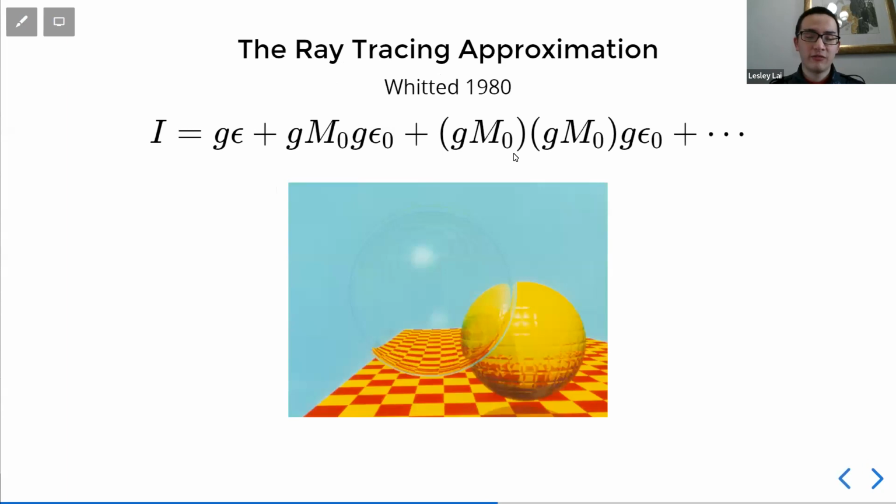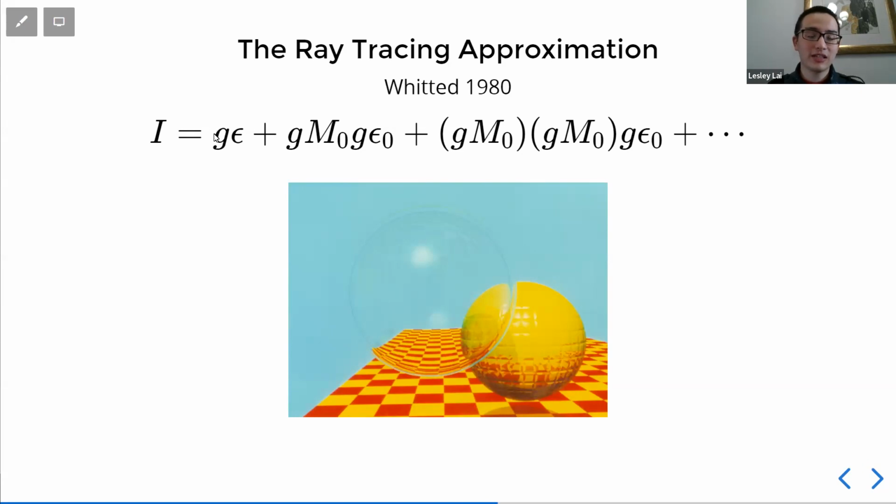Now we come to the 1980s, when Whitted introduced the ray tracing approximation. Of course, Whitted doesn't call it that. It's just a ray tracing algorithm, and the Whitted paper doesn't have that much math at all. But the idea is it still can be considered the rendering equation.